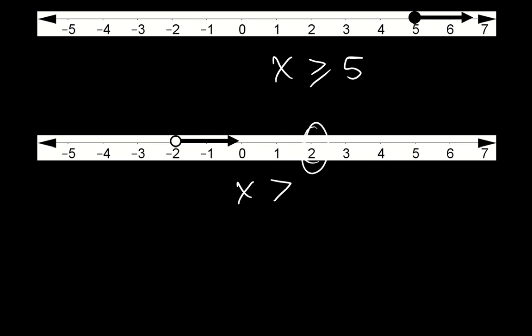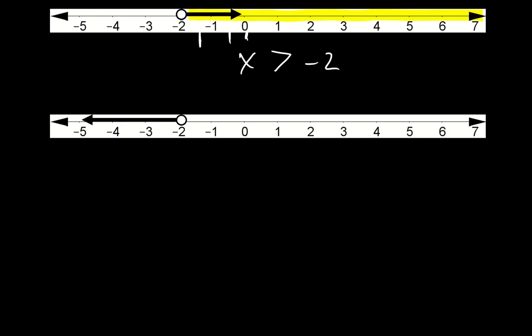This is negative 2 over here, Mr. Roberts. We're talking about negative 2. So x could be, for example, negative 1.5, right in here somewhere. x could be negative 1/2, which is somewhere in here. x could be 0. x could be any of these values going this direction, but x cannot be the number negative 2 itself, and it can't be anything below negative 2. So this is just x's strictly greater than negative 2.